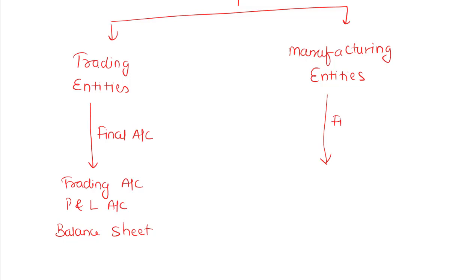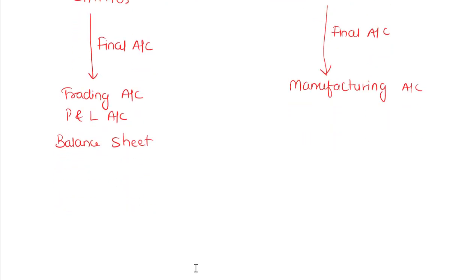The final account of manufacturing entities consists of manufacturing account. Manufacturing account basically means cost sheet. Why do we prepare cost sheet?